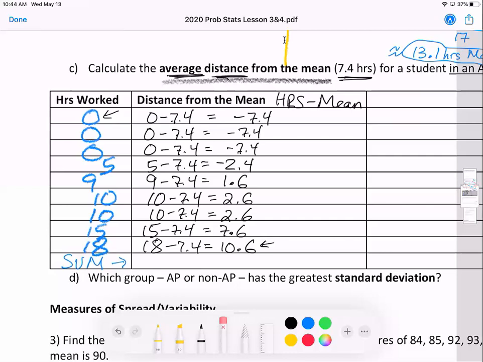This number is squared hours. So this is squared hours. But the standard deviation is measured just in hours. So we should do the square root of 39.6. And then our answer is going to be 6.3 hours.